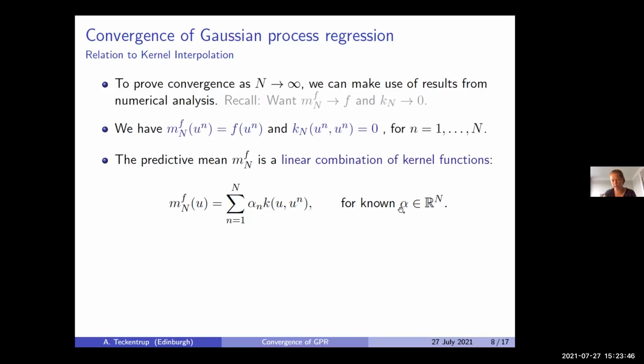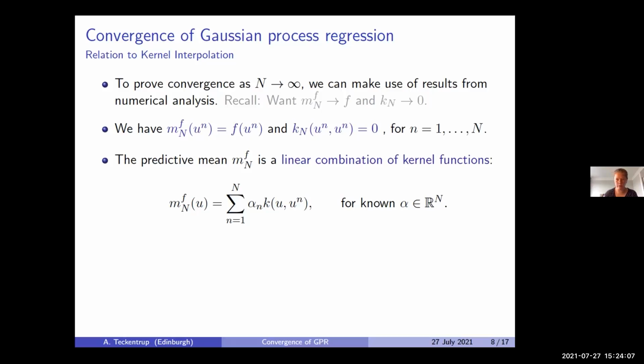You can write down the explicit expression for that as well. So why is that interesting? This tells you that the mean is an interpolant of f, and this equation tells you what the basis functions are.